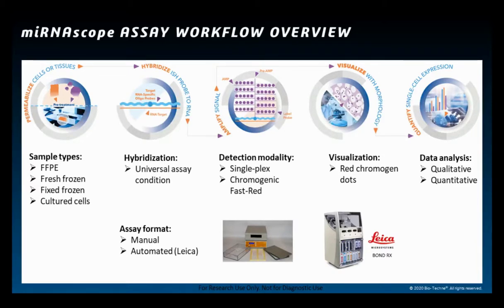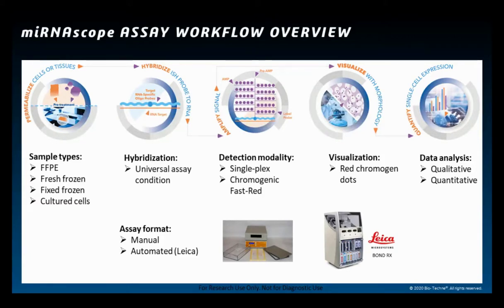The new assay supports a variety of sample types, including FFPE, fresh and fixed frozen, and culture cells. Then, the smaller RNA target probes are hybridized to the target RNA. Currently, the miRNAscope assay allows for a single RNA target detection. The probe hybridization step is universal across all targets, meaning further probe optimization is not required.